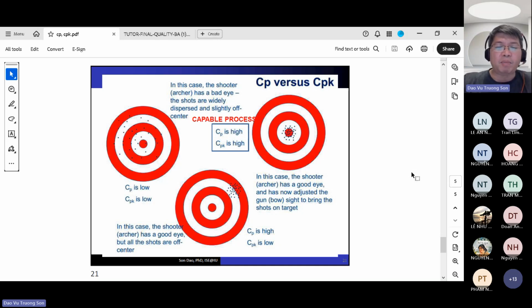And in the bottom figure, CP is high, but CPK is low. So repeatability is good, but the accuracy is not good. So out of these cases, CP and CPK both have to be high for the process to be really good.